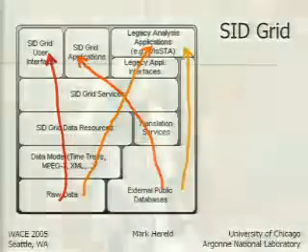Now, the SID grid that we're trying to build is something that is hopefully going to be able to take advantage of that body of work that's already been done. And so it has to be able to incorporate the legacy databases, the public databases floating around, as well as be able to use the existing tools.